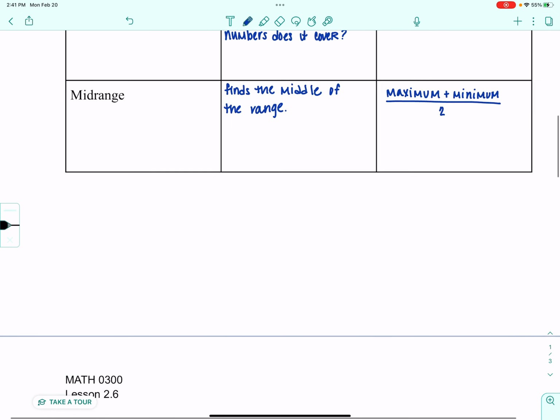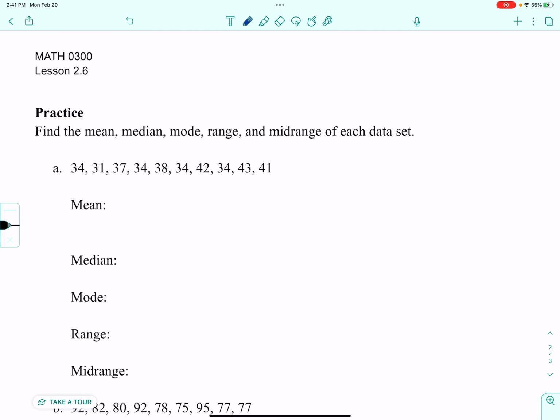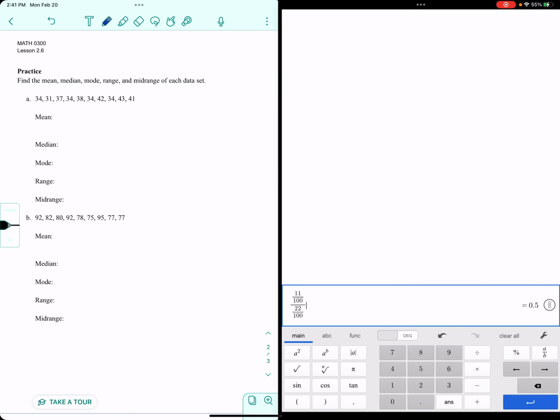So let's go use them. For each one of these, I've given you a data set. We're going to find the mean, median, mode, range, and mid-range for each data set, and we'll talk about how to find it. For the first set, I'm going to go to Desmos. And I know I'm going to need to divide, so I'm going to go ahead and start with my division button.